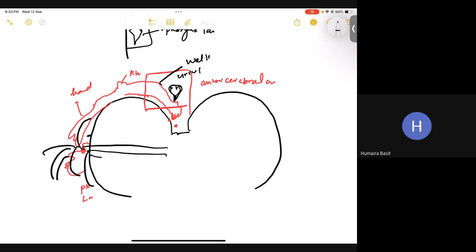So in a UWorld MCQ, for example, if we have an individual who cannot walk and has urinary incontinence, because of the bladder functions, the superior and medial aspect of your cerebrum is responsible for that. So what do you think, which artery is affected if this individual is having a stroke? Anterior cerebral, perfect.